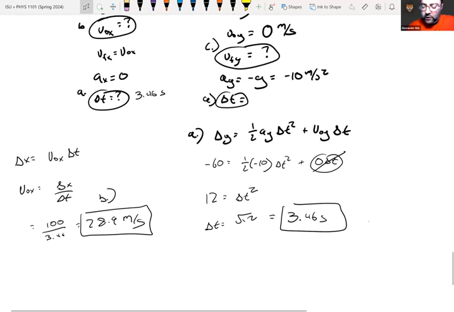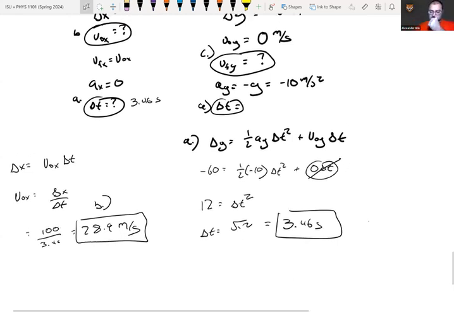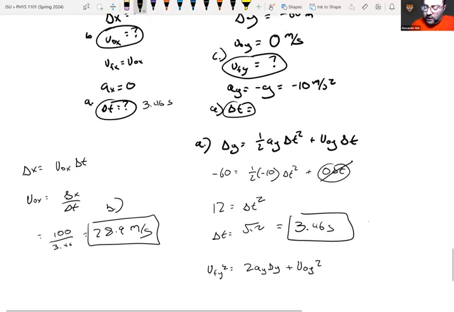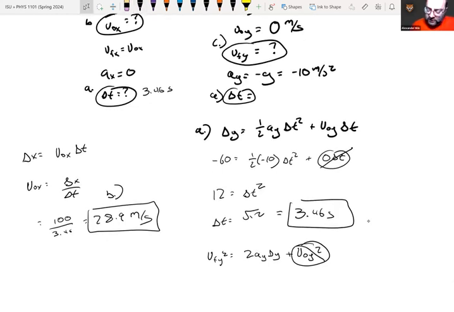Now, part C, we can do this a number of different ways. I think the easiest way is to say V final y squared equals 2 a y delta y plus V initial y squared. I like this because that V naught y term just goes to 0.